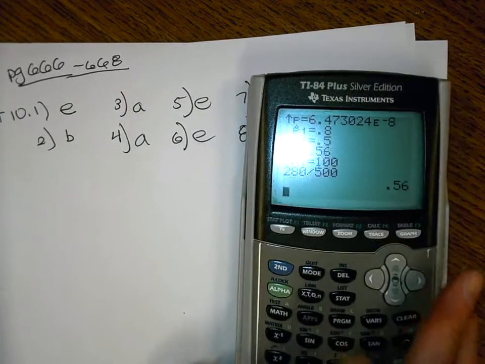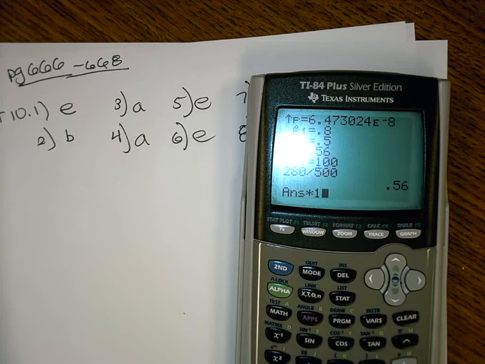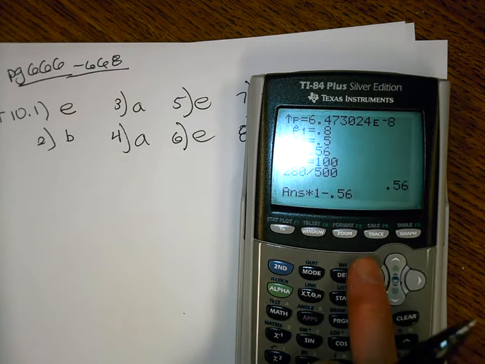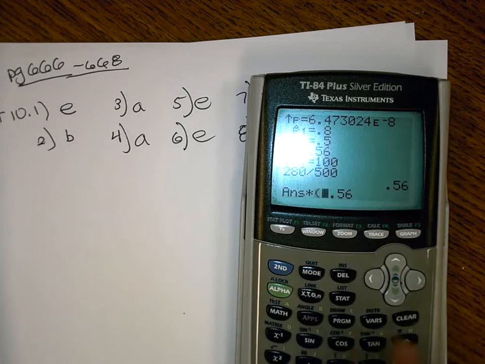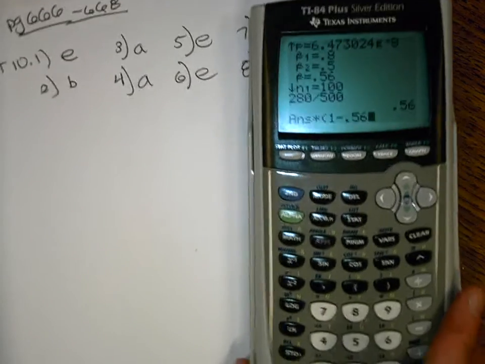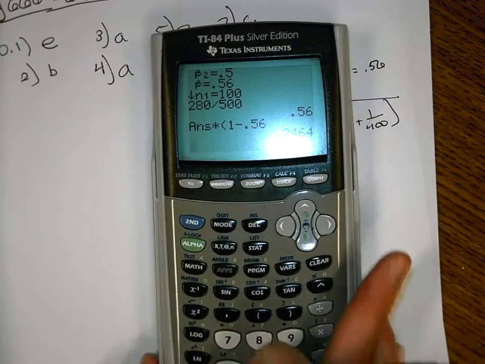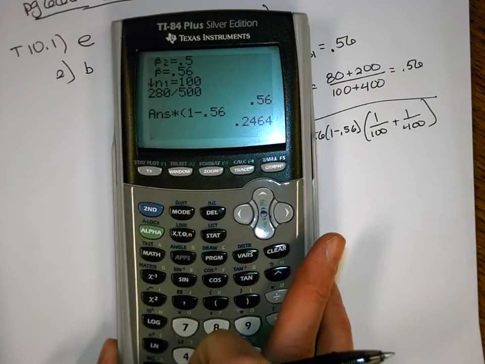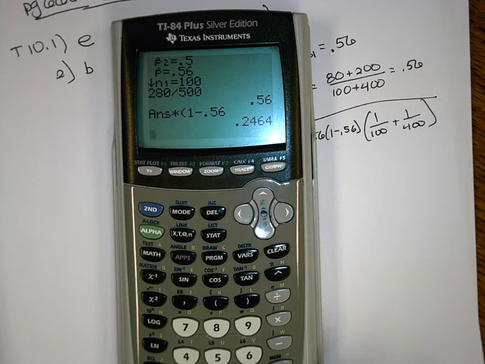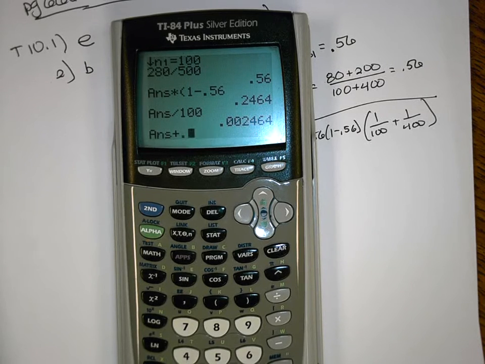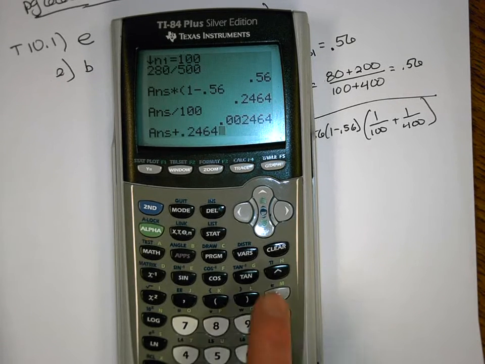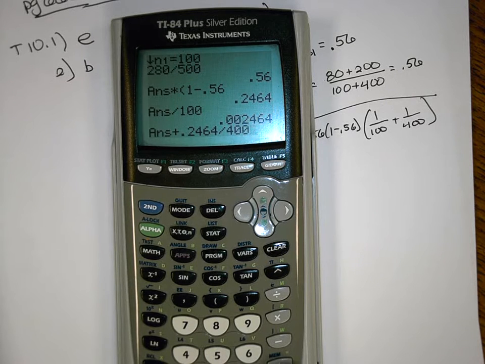So doing the math, I have 0.56 times 1 minus 0.56, oops, parentheses. Enter, 0.2464, and then I'm going to do divided by n1, divided by 100, plus 0.2464 divided by 400.